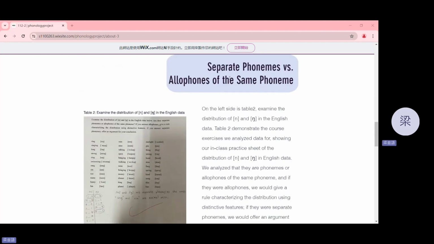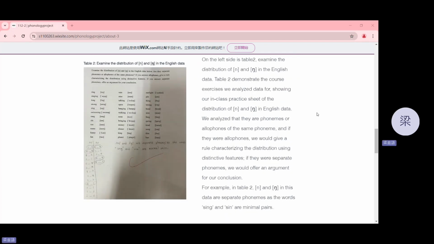Second is about separate phonemes versus allophones of the same phoneme. On the left side is Table 2. Examine the distribution of [n] and [ŋ] in the English data. Table 2 demonstrates the course exercises we analyzed, showing our in-class practice sheet of the distribution of [n] and [ŋ] in English data.